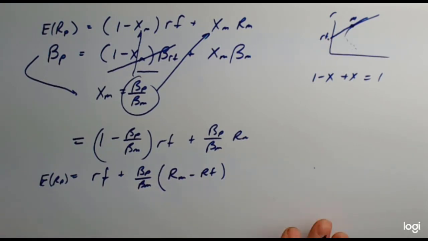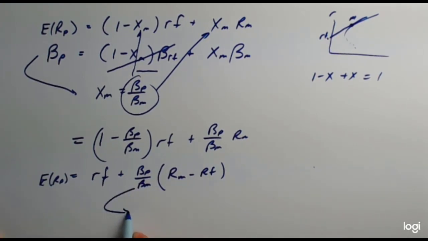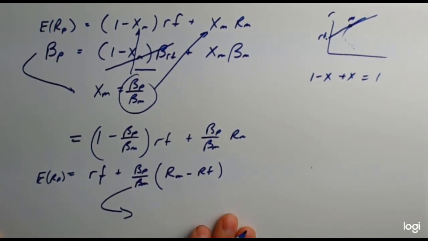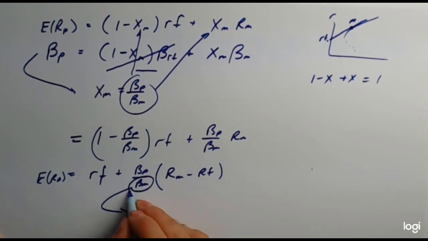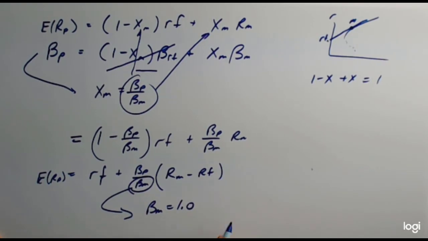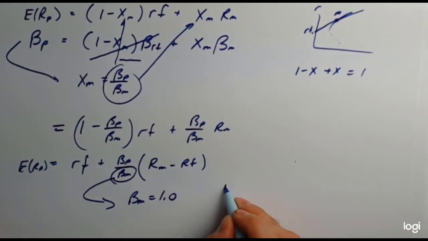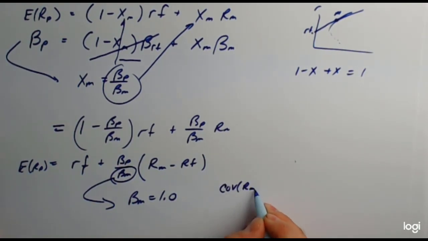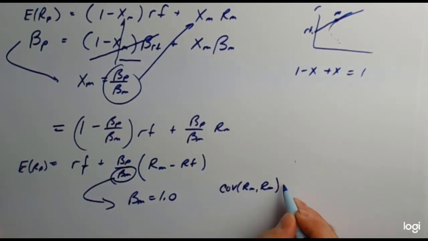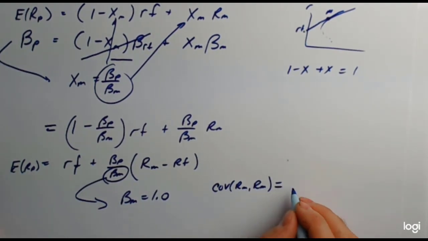And dividing by the market is not such a problem, because we know that the beta of the market is going to be 1 by definition. How do we know that? Because of the covariance of the return on the market relative to the market. How does the market covary relative to itself?